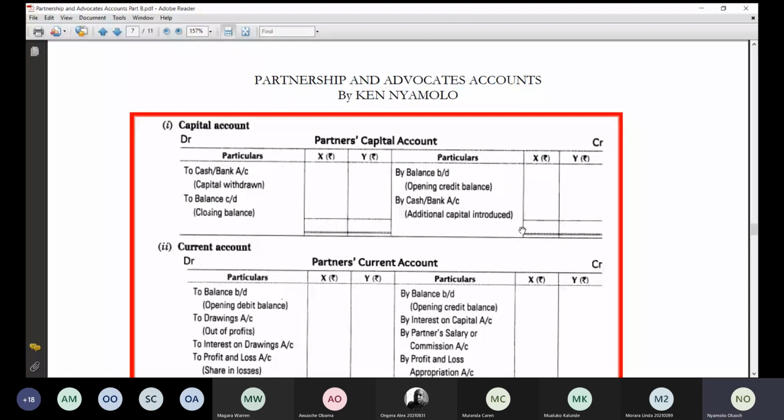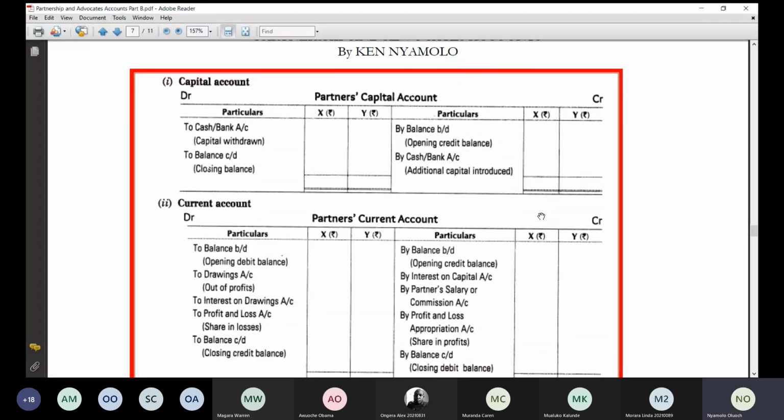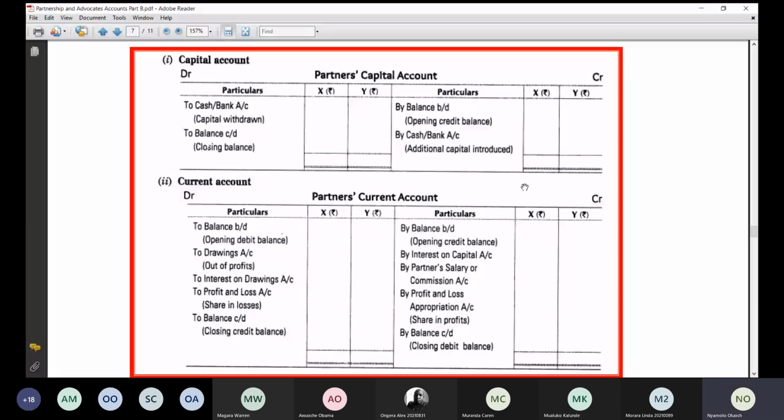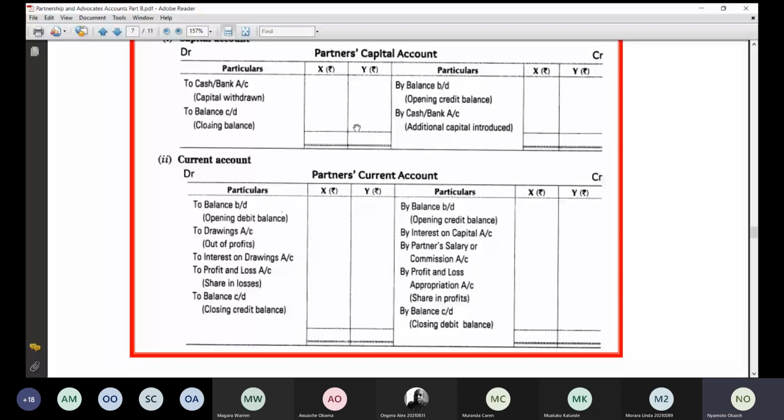Fixed means that you will not do any adjustment in the partner's capital account, but rather all those adjustments will be taken and worked in the current account. So then the fluctuating, then you're able to adjust all those factors which affect the capital in the capital account.